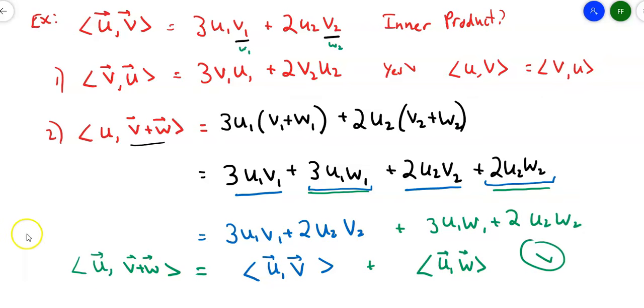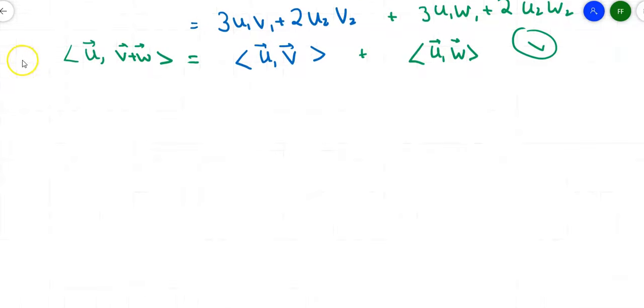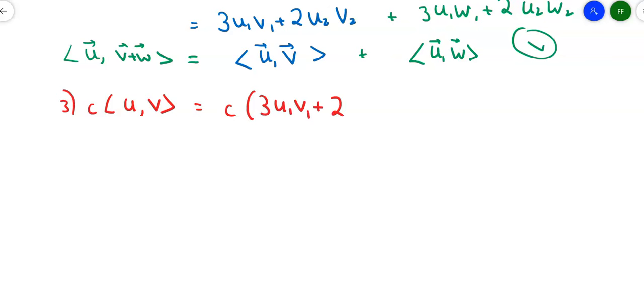All right, the third thing I'm trying to show is how a scalar interacts with this Euclidean space, or with this vector space. So does some scalar times the vector u, v equal a scalar times the first and the second? So I'm going to end up with a scalar times 3u1 v1 plus 2u2 v2. What do I get?